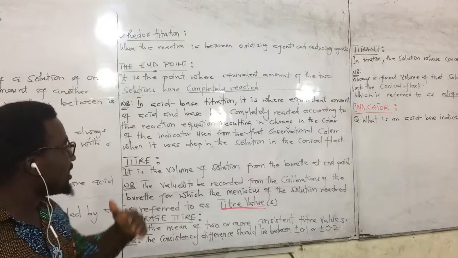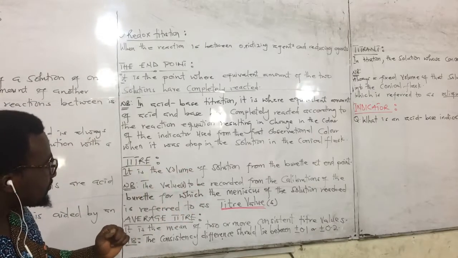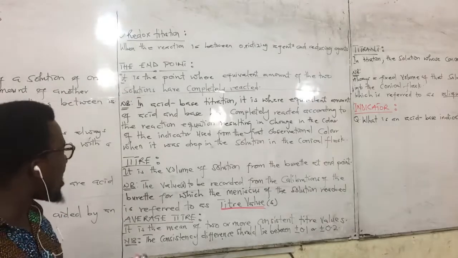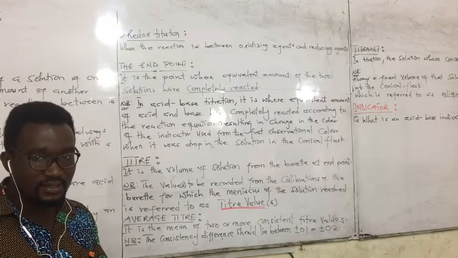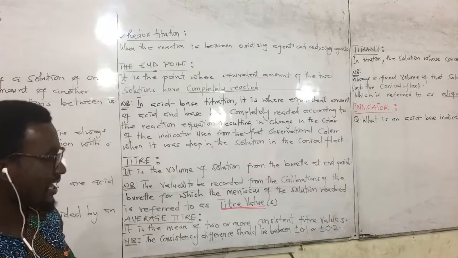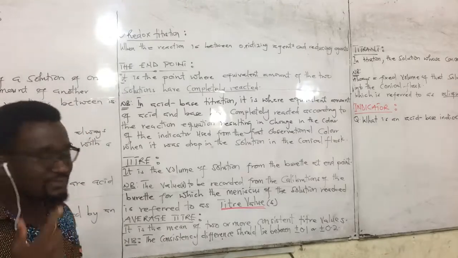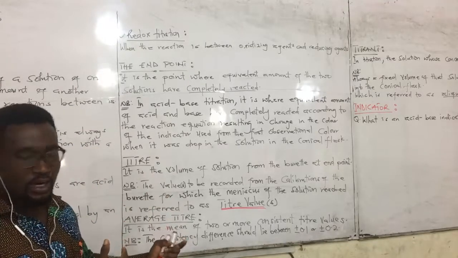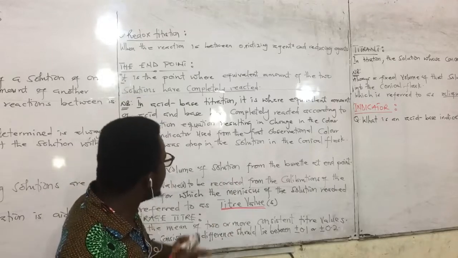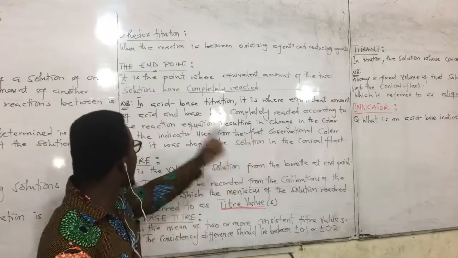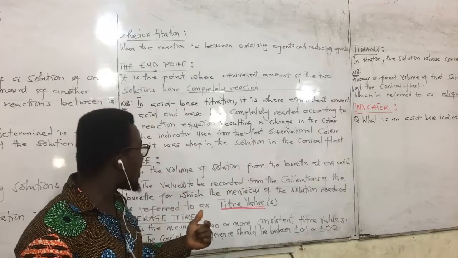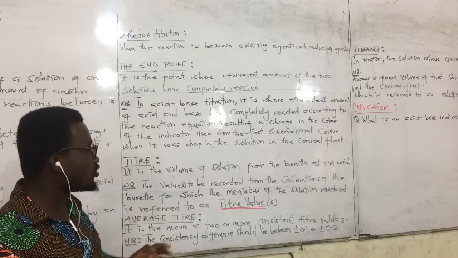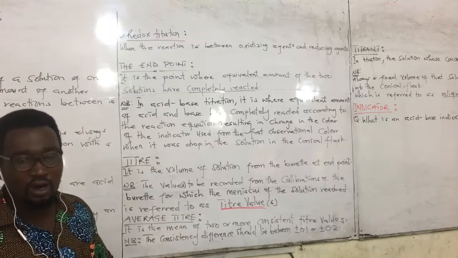The condition is that if it is acid-base titration, then what are we expecting? We expect equivalent amounts of the acid and the base to have undergone complete reaction. The complete reaction must be according to the reaction equation, resulting in a change in the color of the indicator used from the first observed color when it was dropped in the solution in the conical flask.